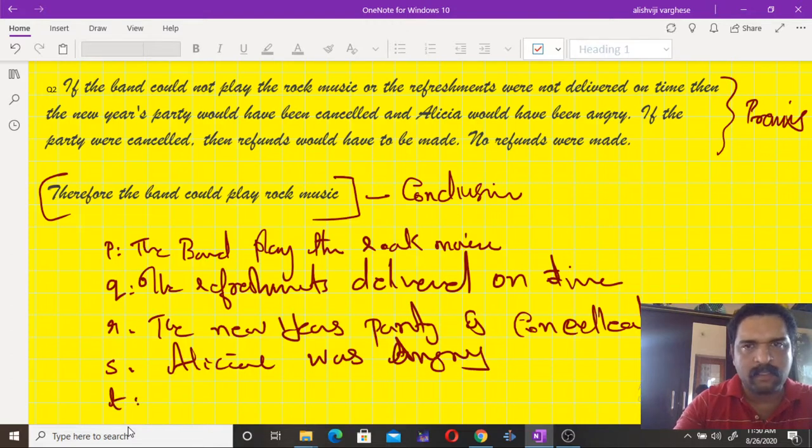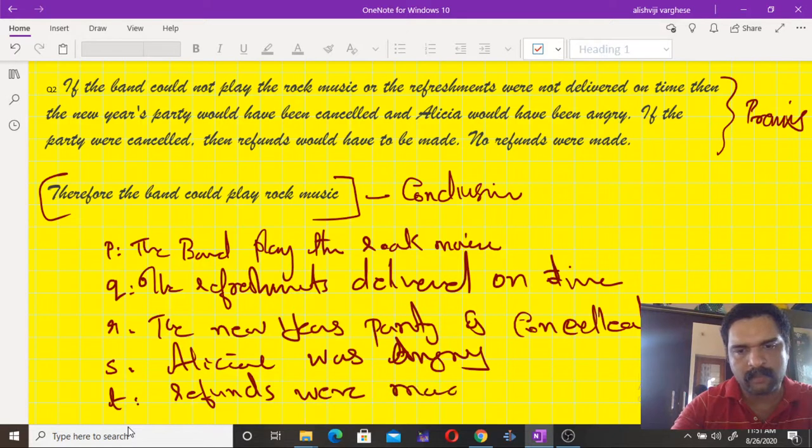Then the next one, T. If the party were cancelled, that is our statement R, the New Year's party was cancelled, then refunds would have to be made. So refunds were made, that's the statement T. Then no refunds were made is the negation of T. Then therefore the band would play rock music.